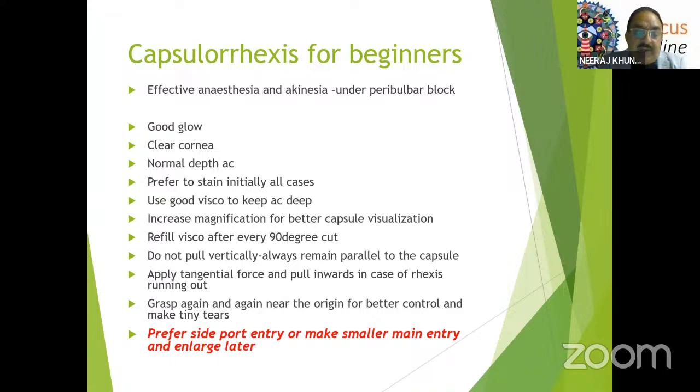Prefer side port entry or make a smaller main port entry and enlarge later. We are old timers, so we are doing it mainly from the main port entry. So most of my videos, the rhexis will be shown from main port entry. But nowadays, the preference is from side port entry or from a smaller main port entry.